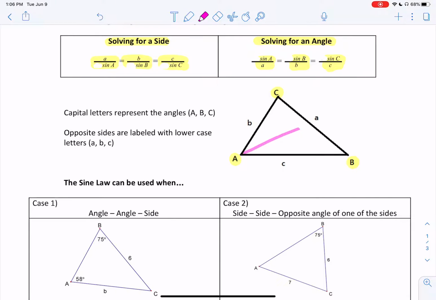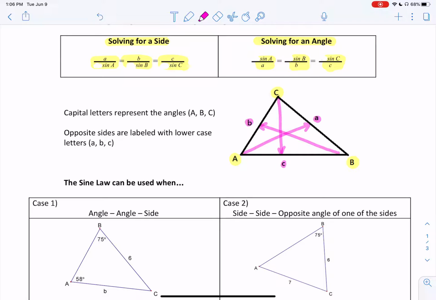So right across from big A is little a, right across from big B is little b, and right across from big C is little c. It doesn't matter which letter you use. We could have used S, P, K, whatever you want to use. The important piece is that our matching little letter is across from our capital letters on the angles.